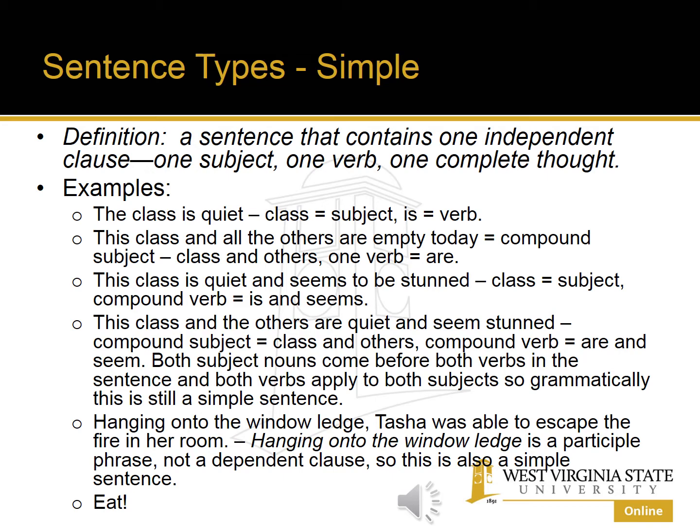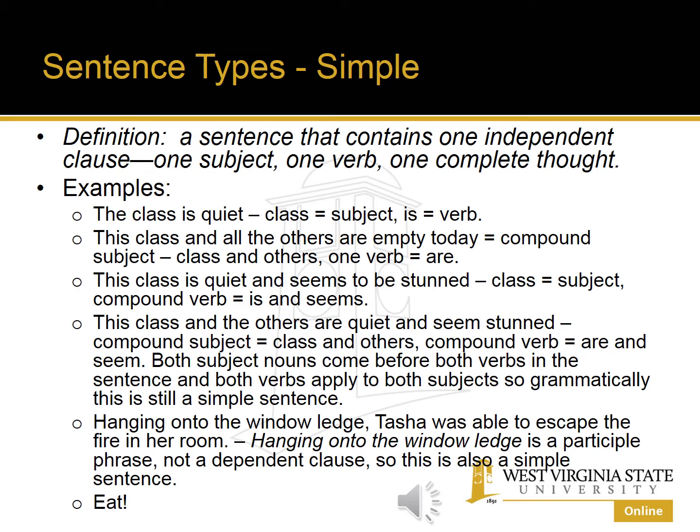Both verbs apply back to one subject, therefore this is a simple sentence. Class is quiet, class is stunned, or class seems stunned. We have one single idea, one complete thought, one independent clause.